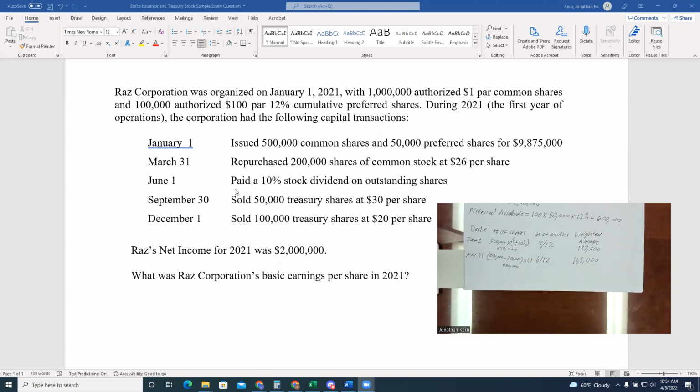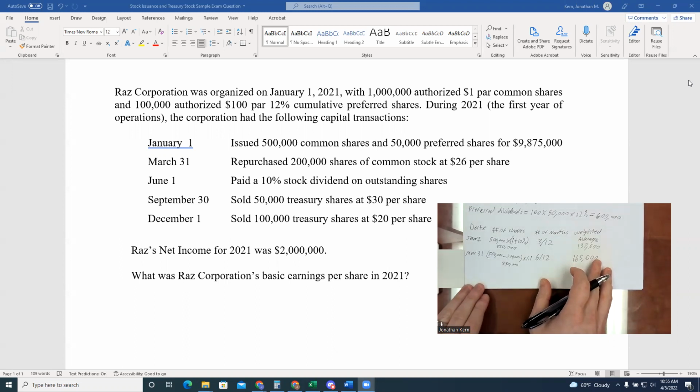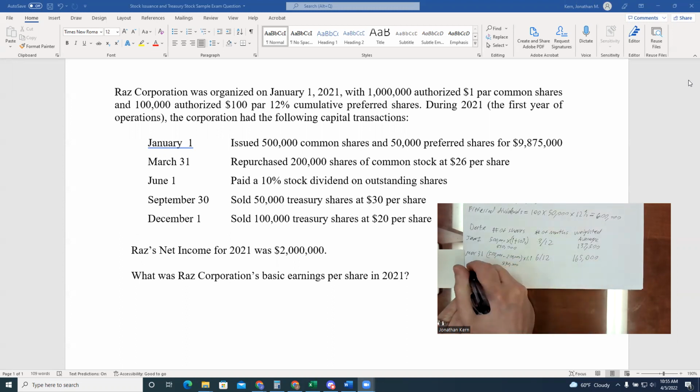Then on September 30th, they sold 50,000 treasury shares at $30 per share. So when a company sells treasury shares, we're going to increase the number of outstanding shares. So on September 30th, we're going to take 330,000 outstanding shares and subtract 50,000.